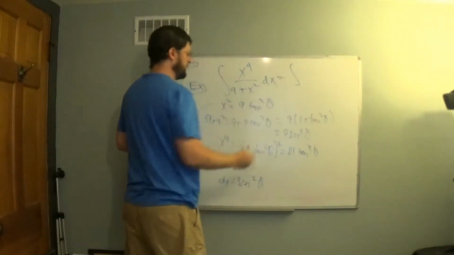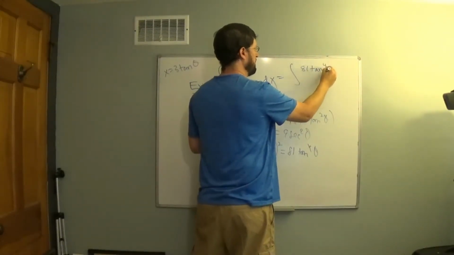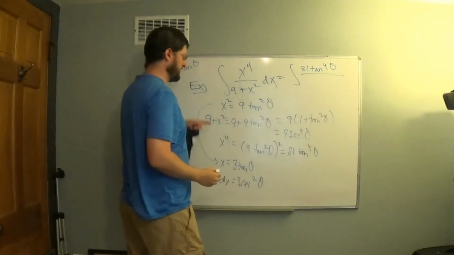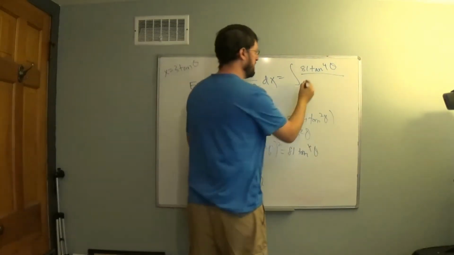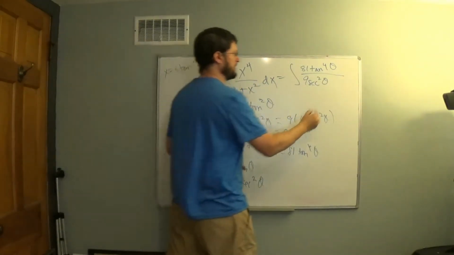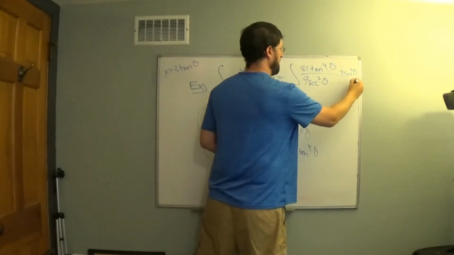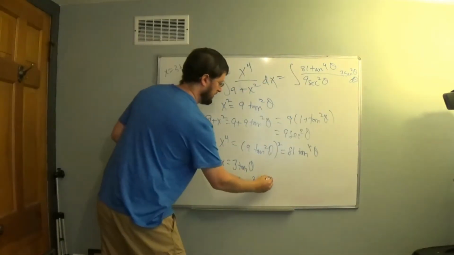Substitute everything in for the integral. X to the 4th is 81 tan to the 4th. The denominator is 9 secant squared, and dx is 3 secant squared d theta. Should be d theta there.